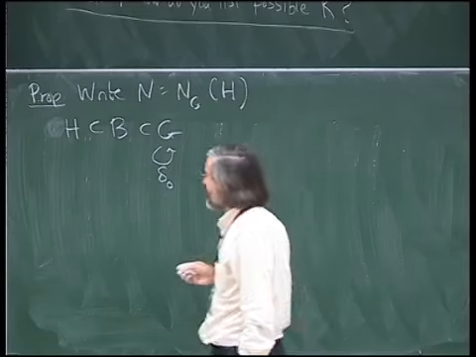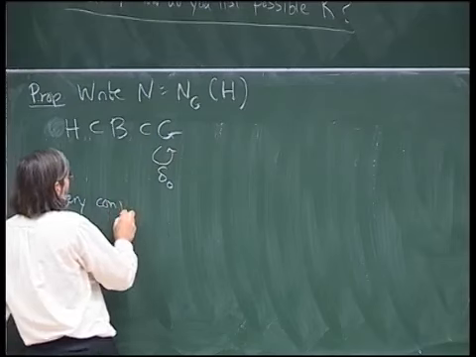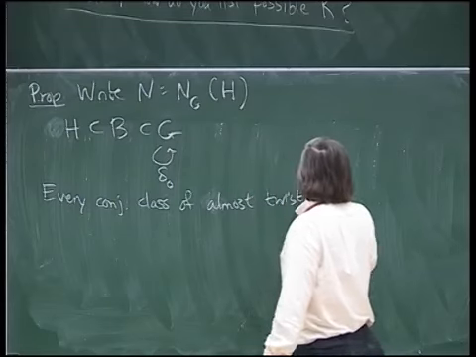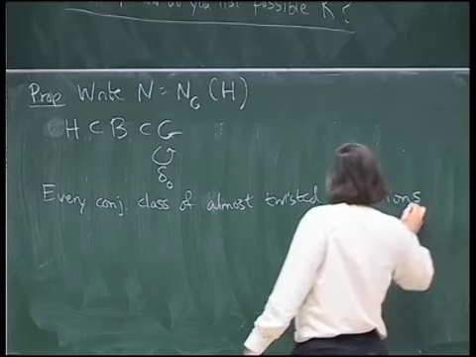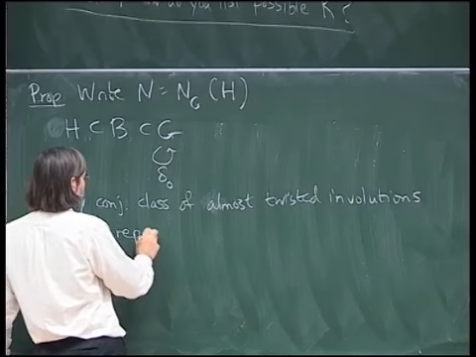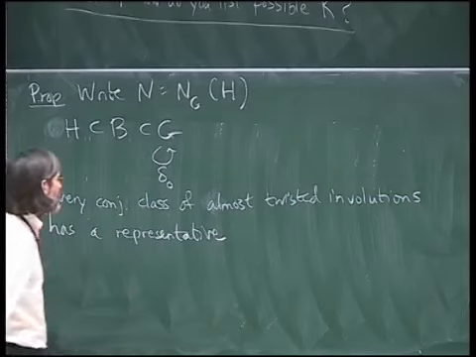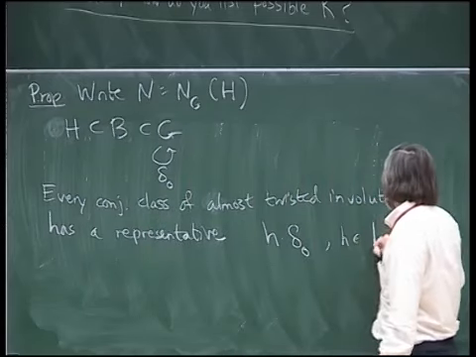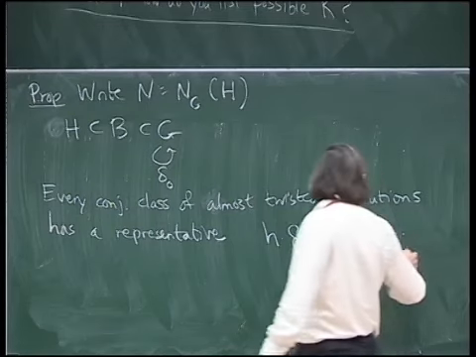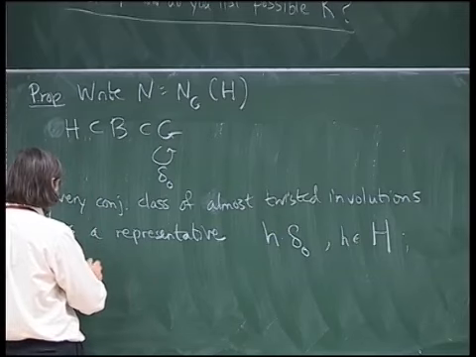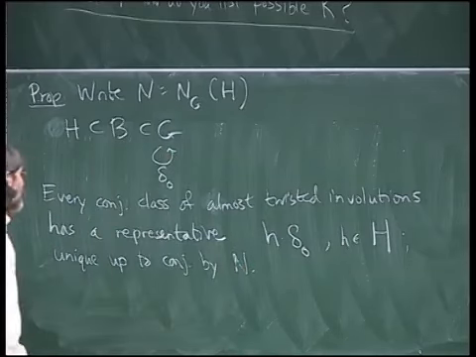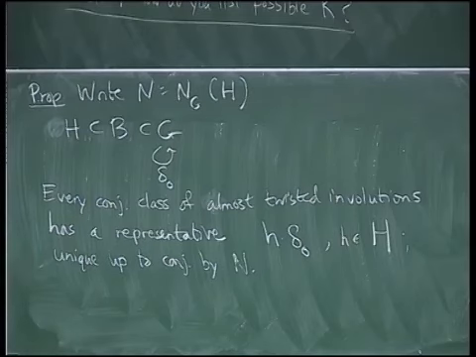So the statement is that every conjugacy class of these almost twisted involutions has a representative of the form h times delta 0 for h in H, and it's unique up to conjugation by N. And this is, again, there's almost no content to this statement.